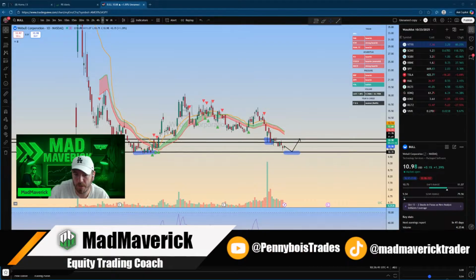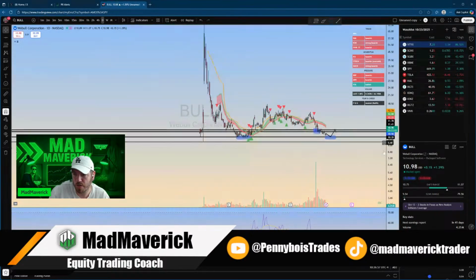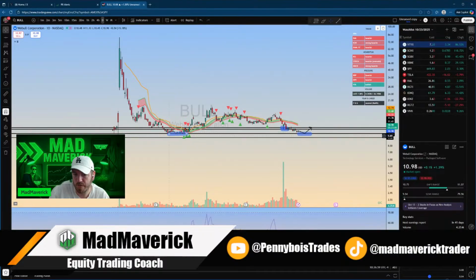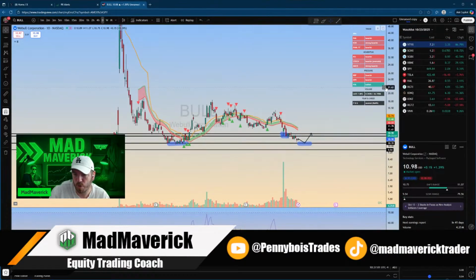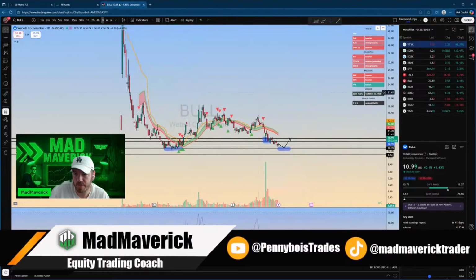You just don't have much data to go off of on this chart, right? We only got this 10.30 and then this wick low of, what's that, 9.50 is that wick low. We don't have any other data to go off of on the chart, just these lows here. If it goes lower than that, it's pretty much no man's land, and it can get rough.